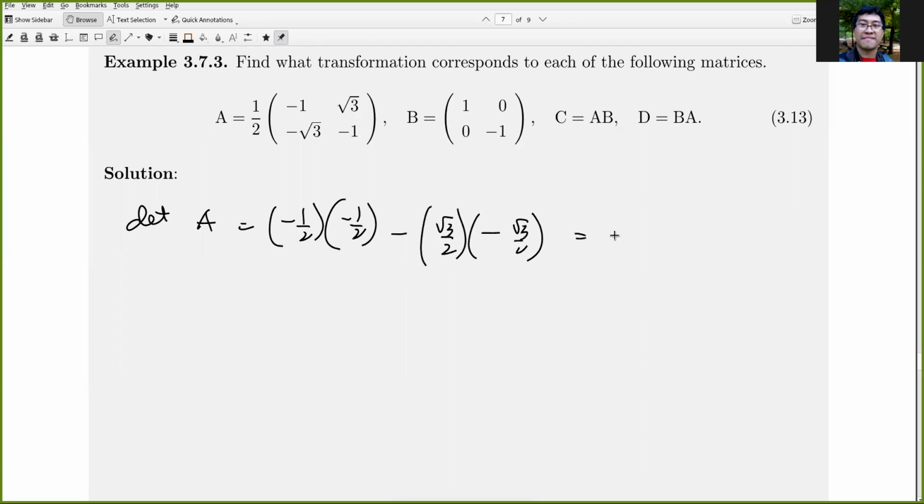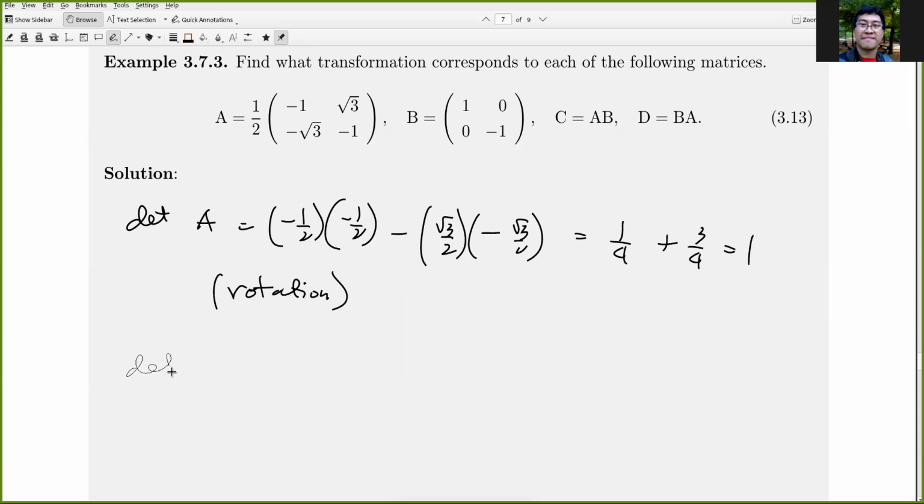So this would be 1/4 plus 3/4. So this is 1, which means that A is a rotation.